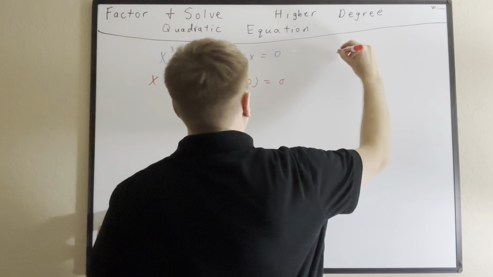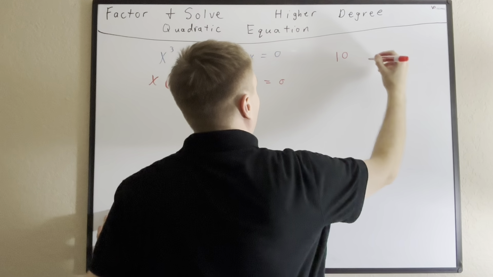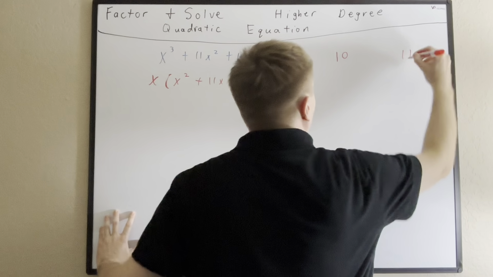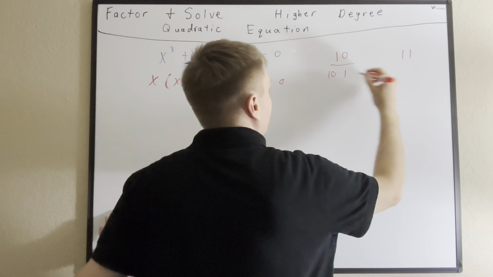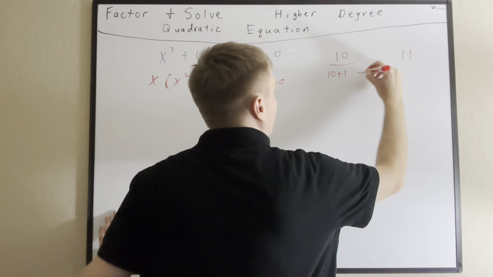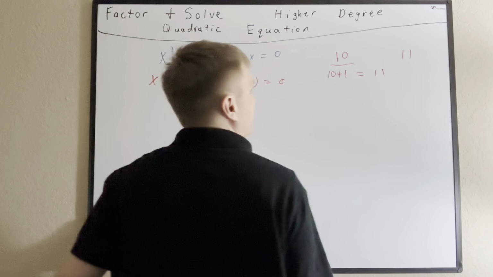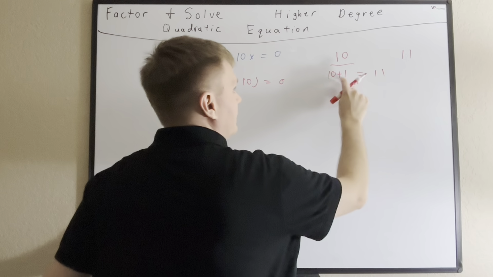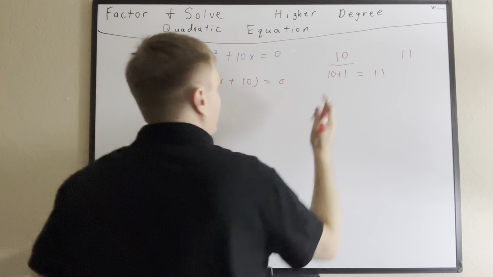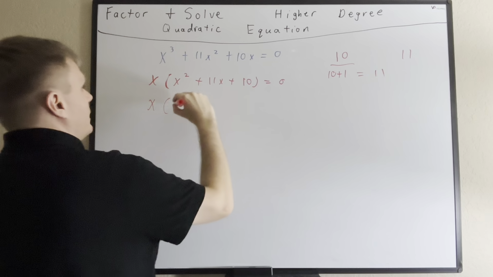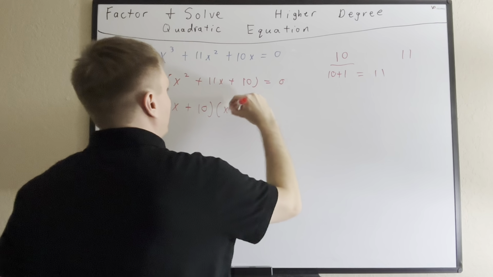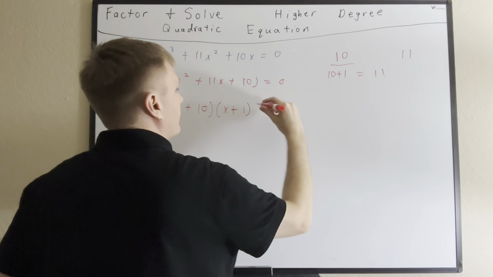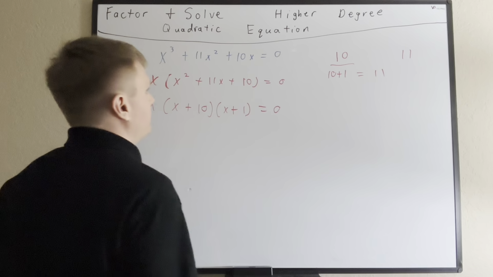What multiplies to get 10 but adds to get 11? Well, 10 times 1, 10 plus 1. 10 times 1 gives you 10, 10 plus 1 gives you 11. So we use 10 and 1, right? Okay, x plus 10 and x plus 1. Everything's positive.